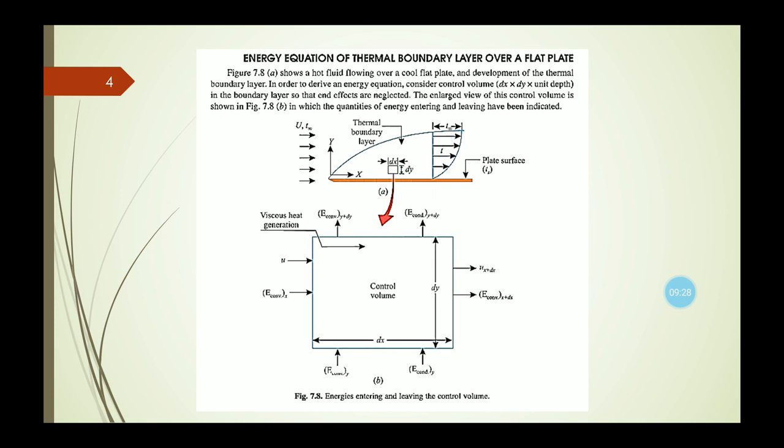For all these faces, the variation of velocity can be seen here. Here also you can see the energy entering and leaving this control volume. Based on this control volume, all our discussions will be performed.